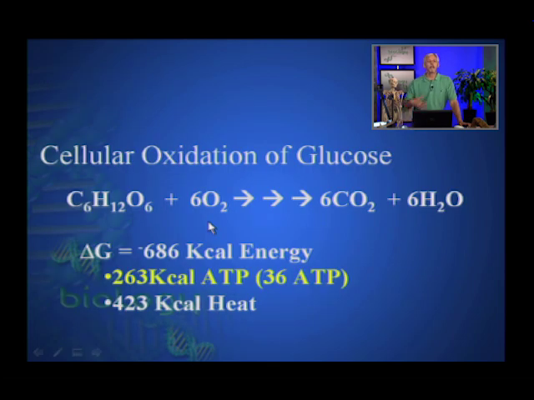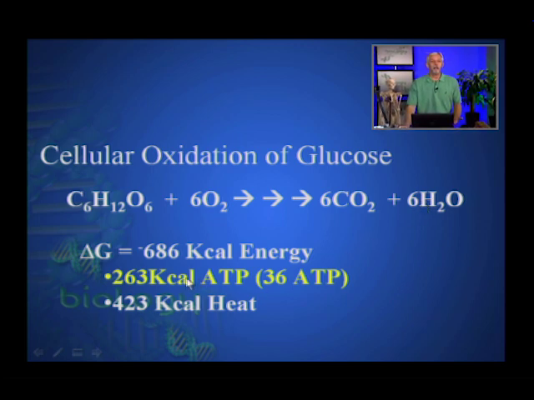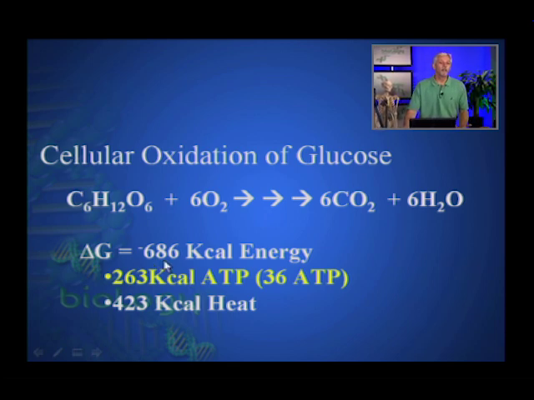All right, so let's go ahead and get into the cellular oxidation of glucose. This is how we consumers generate our ATPs. And again, ATP is critical because if enzymes have work to do, they have to get that energy from ATPs. So what we do is take in glucose, combine it with oxygen, and that yields carbon dioxide and water. It's an exergonic reaction, so 686 kilocalories of energy is released.